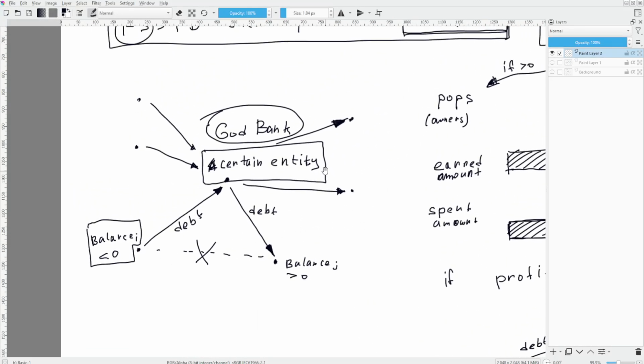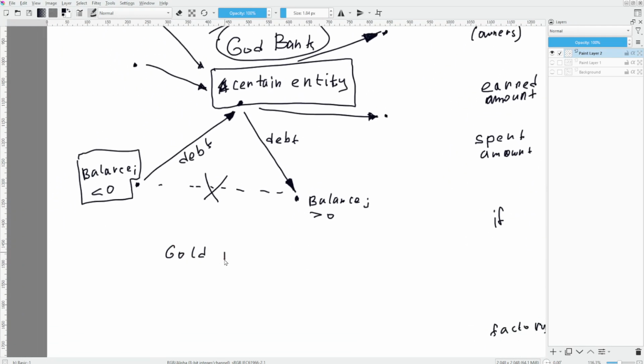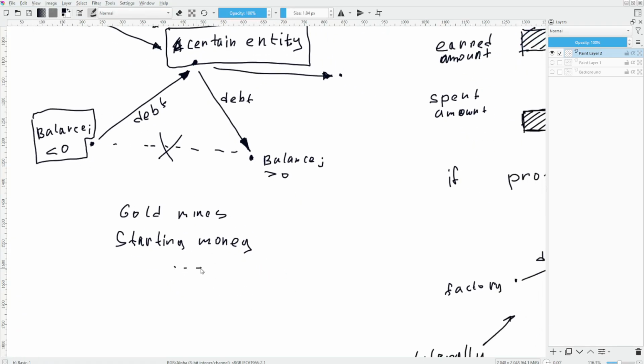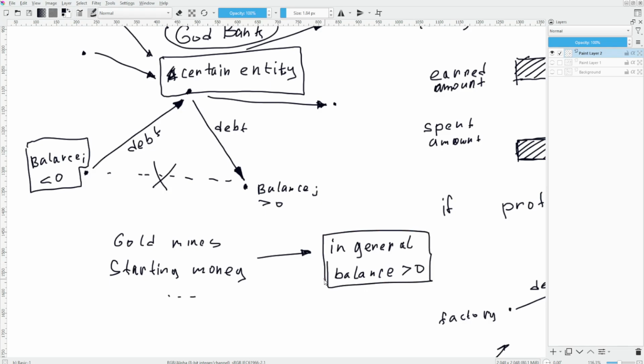provide a certain amount of baseline money. There are gold mines, starting treasury, and so on, POPs money, which are always positive, which leads to the situation that in general the balance is positive, even if we have a lot of this kind of debt in the system.